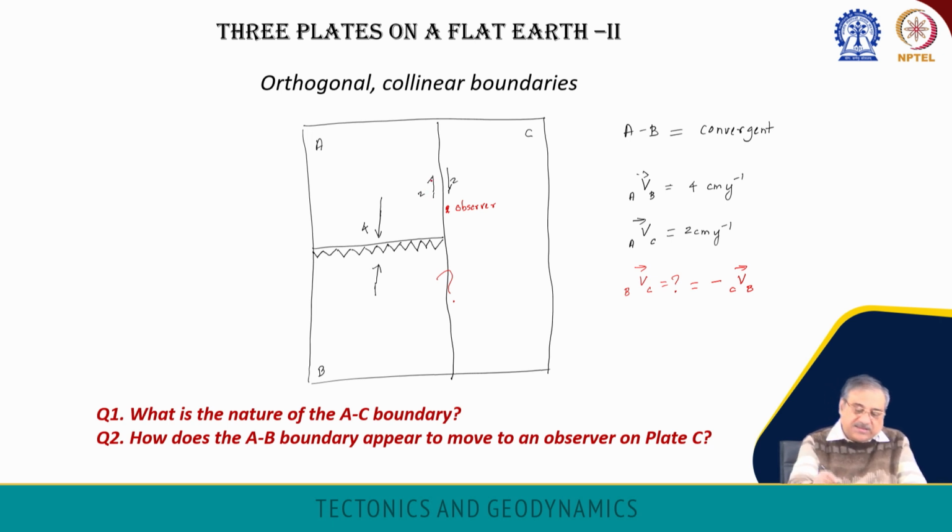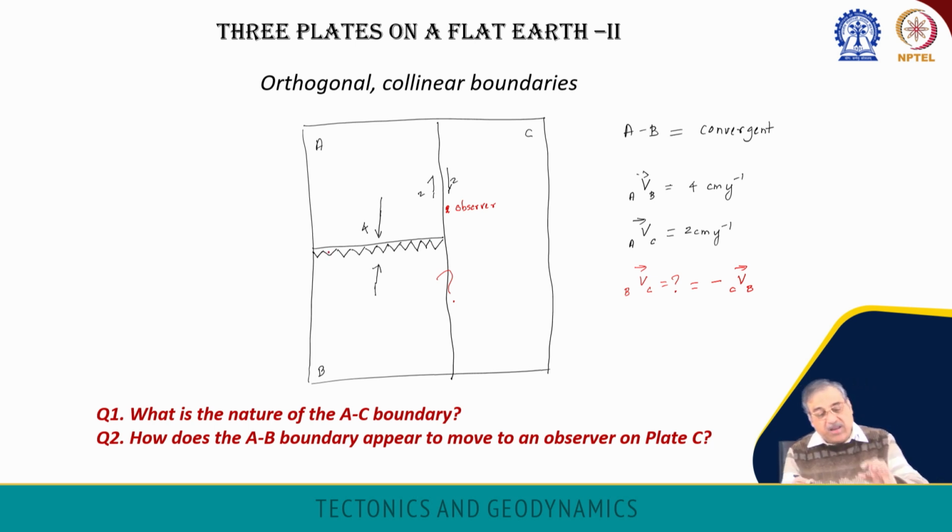So this is known. Now, one of the things that is important for us to understand is how this whole system will change with time. Will it actually change with time? Will there be a difference? In that case, the important question is not just the relative velocity of C with respect to B or B with respect to C. It is also the relative velocity of the AB boundary.